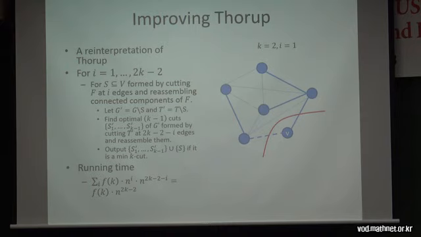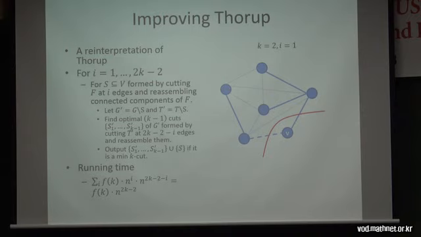This is actually the same thing as Thorup's algorithm, but in this way, if you look at the running time, it is a summation over i of some function of k times n to the i, because we are guessing i edges to delete. Suppose that we guess one component of the optimal solution. Now we are left with a k minus 1 cut problem and some forest, not a tree, because we already deleted i edges.